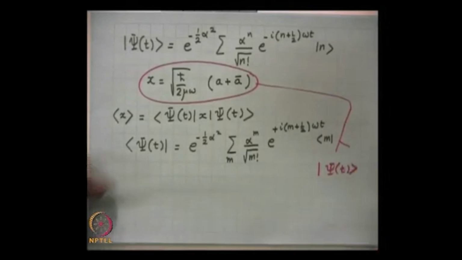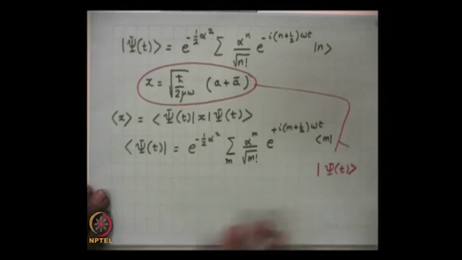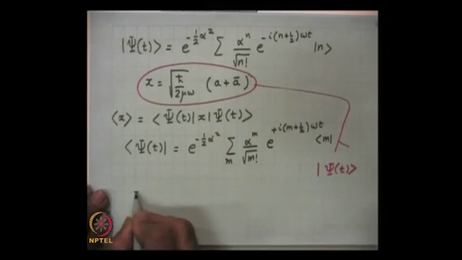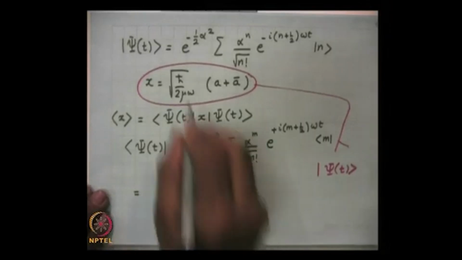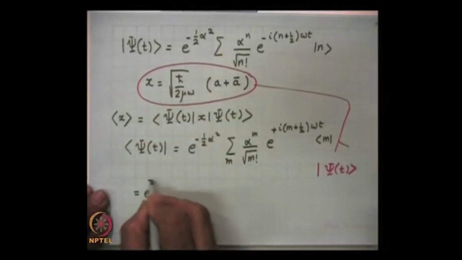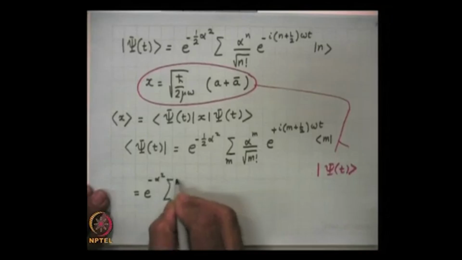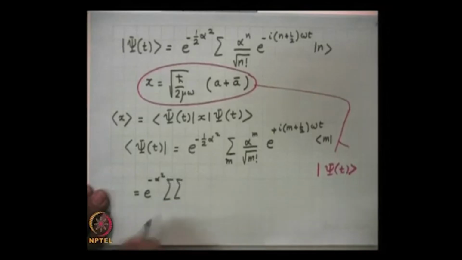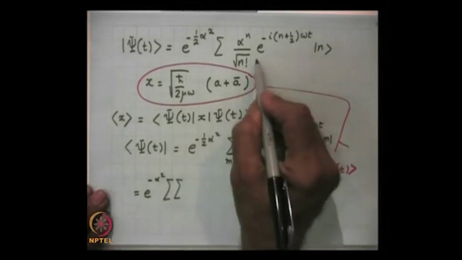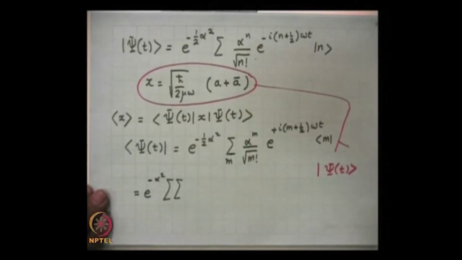It is a slightly big expression, but let me try to calculate this. You have to do it a little. So e to the power of minus half alpha square multiplied by e to the power of minus half alpha square is e to the power of minus alpha square, and then there is a double sum, and it is because of this double sum that I put the dummy index as n here and as m here.